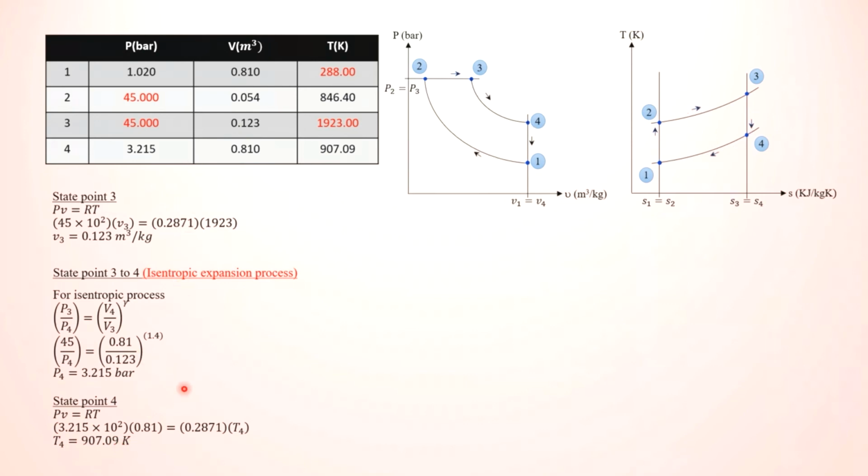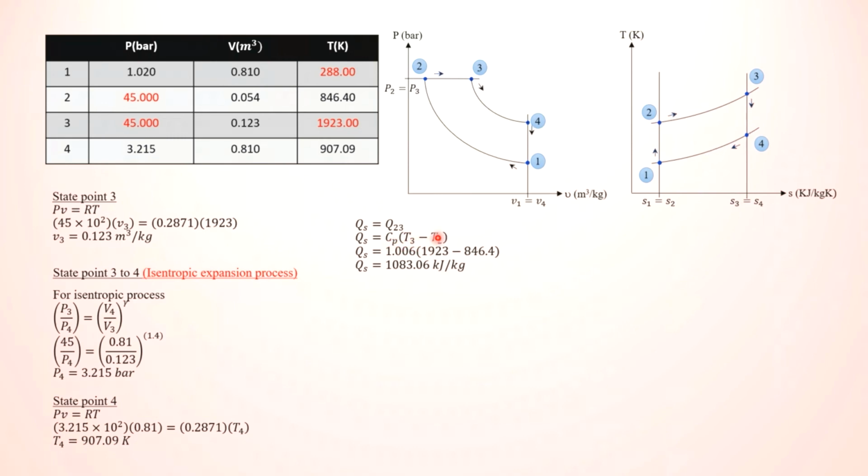Once everything is found and complete here, the next thing you must think of is your heat supply and heat rejected. Remember, heat supply is 2 to 3, increasing entropy, and heat rejected is decreasing entropy. So 2 to 3 is constant pressure. For heat supply at constant pressure, it should be Cp multiplied by the temperature difference. And why Cp times temperature difference?